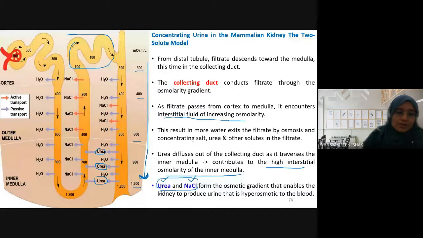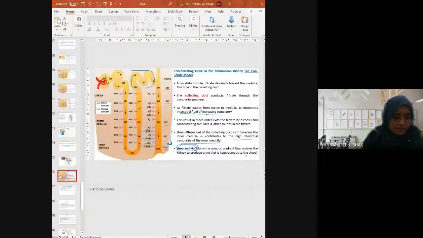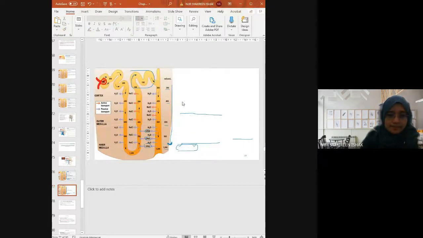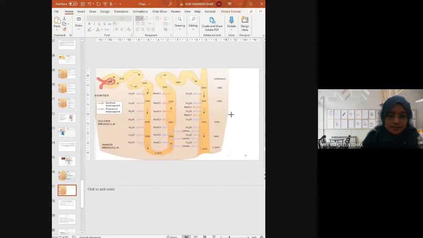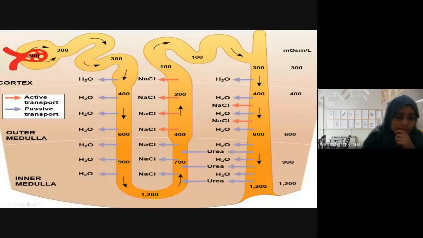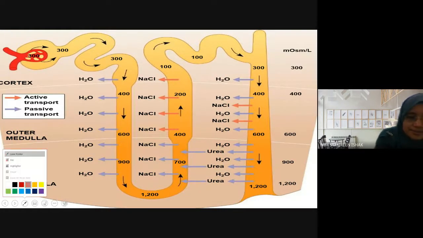Okay. So saya just nak draw again kat sini, kat gambar ni to make it much more clearer. So, bila awak tengok gambar tadi yang saya cerita pasal vasa recta tu, awak tengok blood vessel saya draw dia sebagai warna merah.